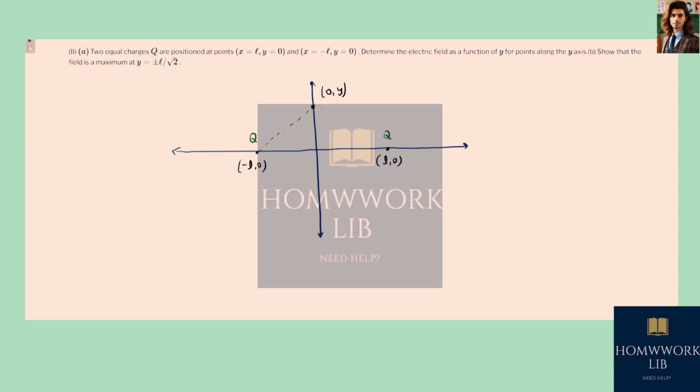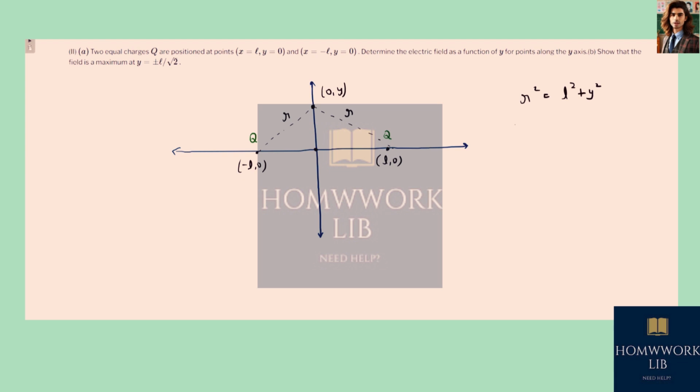Because of these two charges, the magnitude is going to be the same, since they are symmetrically positioned and the distances are the same. Let's call the distance r, and using the Pythagoras theorem, r square is nothing but L square plus y square. This is L and this is y.